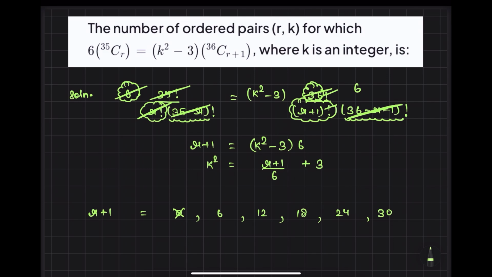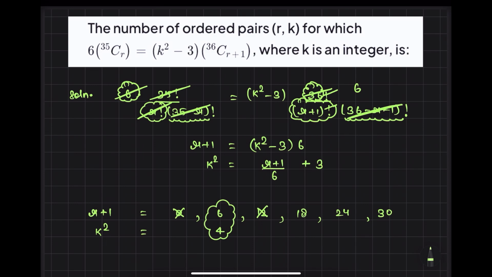So k square is 4, which means this is selected. Now if r plus 1 is 12, 6 twos are 12, 2 plus 3 is 5, and 5 is not a perfect square number, so reject this one.